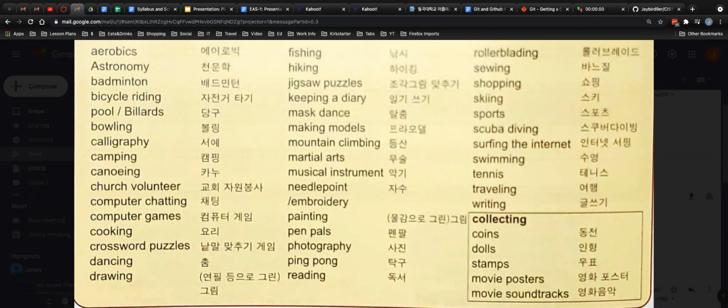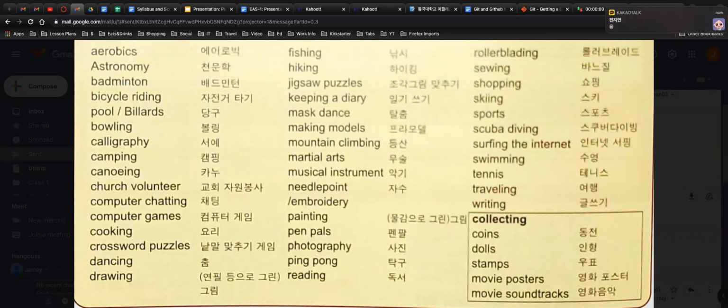So let me give each group a vocabulary word. So group 1, yours is camping. Group 2, yours is, let's say drawing. I like that one. Group 3, yours will be martial arts. Group 4, yours will be photography.